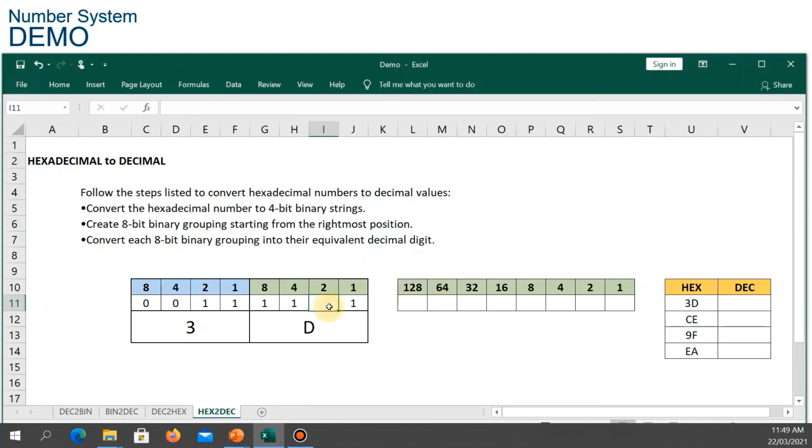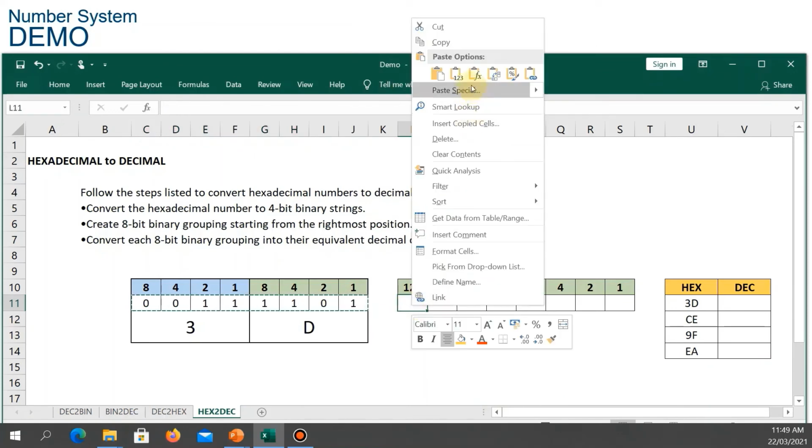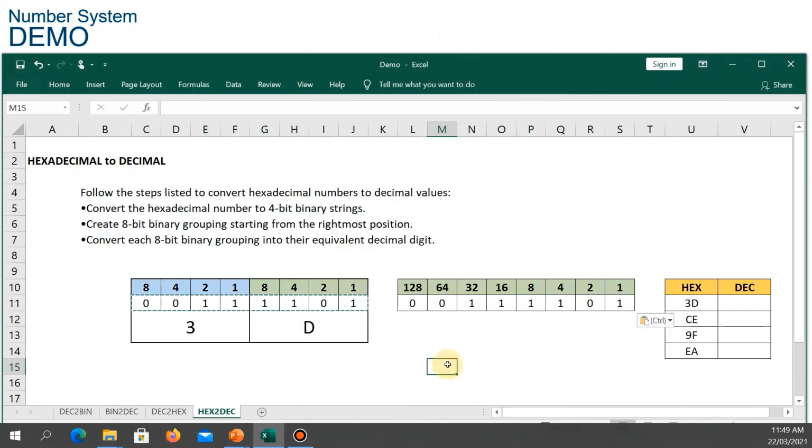So therefore, this one here is 0. We already have our 8-bit binary, so we just have to copy this. And then let's get the decimal equivalent of that.